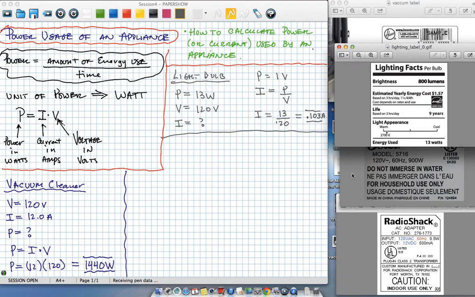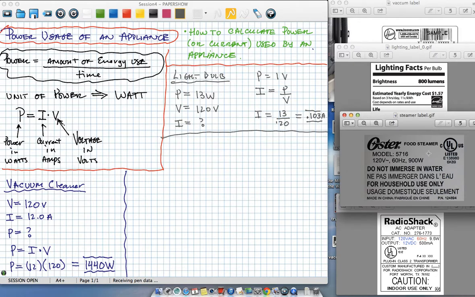Okay, let's go to the next one. Right here we have a food steamer. So food steamer. And what does the label say? It operates at 120 volts. That little squiggle line right there says that it's AC.